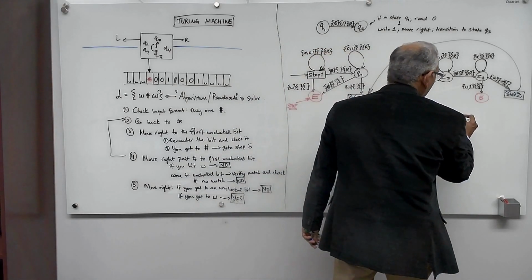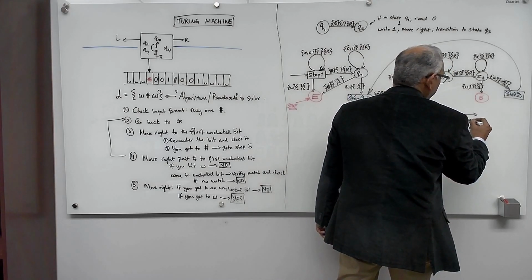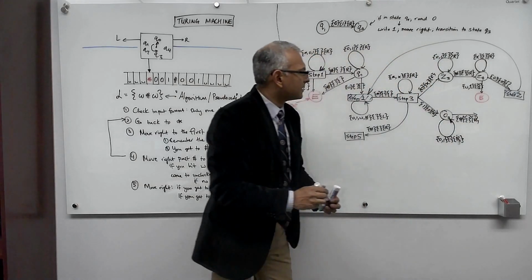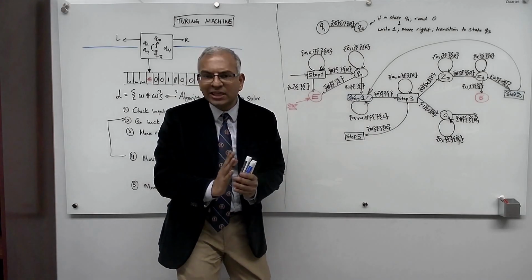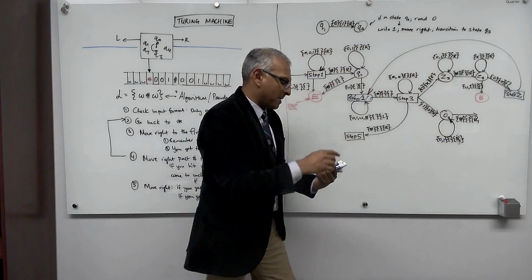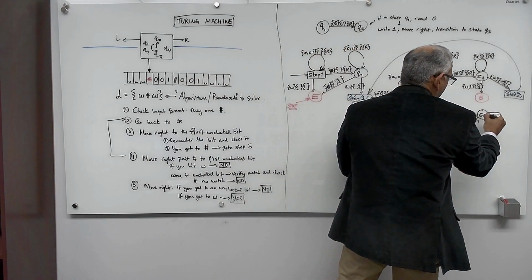The moment I come to a pound, which I have to come to, I don't do anything, I just move right. And I enter the state where I'm looking for my 1 in step 4, after the pound.